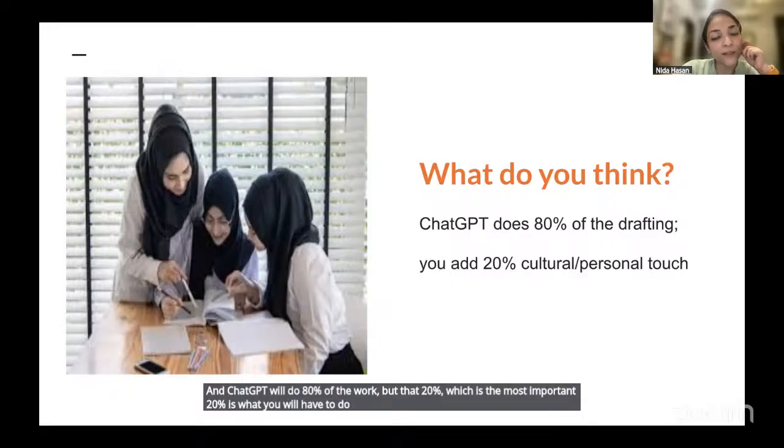So, where it will save you hours of work, it doesn't mean that there is no work. You cannot just walk into the classroom and start giving ChatGPT the prompt there and then 5 minutes before you walk in.